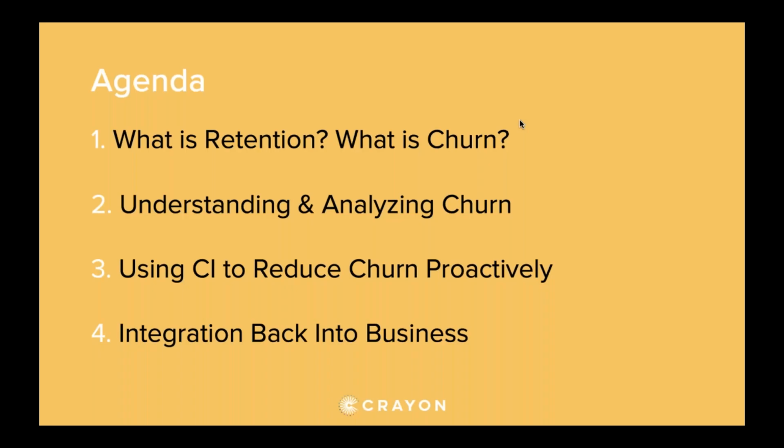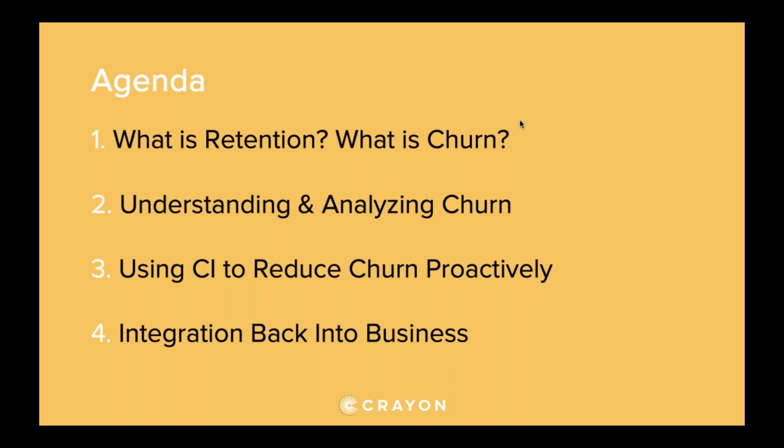All right, well, let's talk about using CI for retention. So here's our agenda for the call. We'll kick things off with just some definitions, setting the stage of what is retention, what is churn, especially if those are some newer terms for some of the folks on the call. Then we'll talk about understanding and analyzing churn and what goes into that.